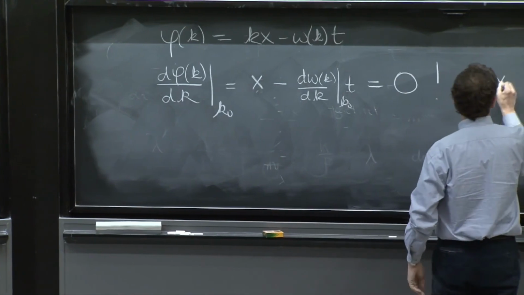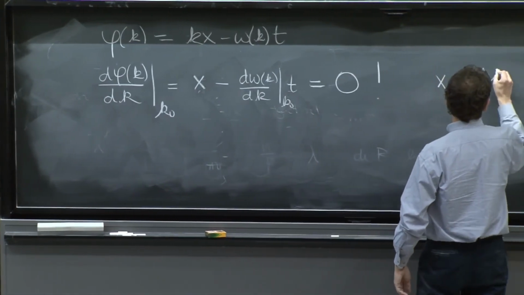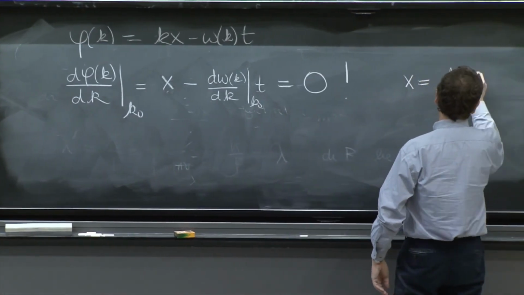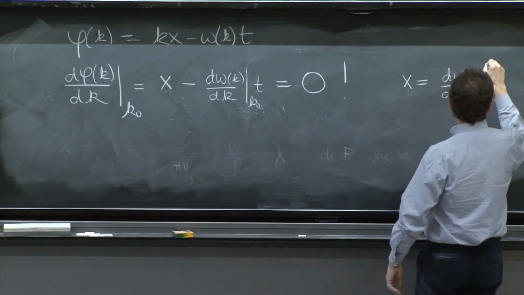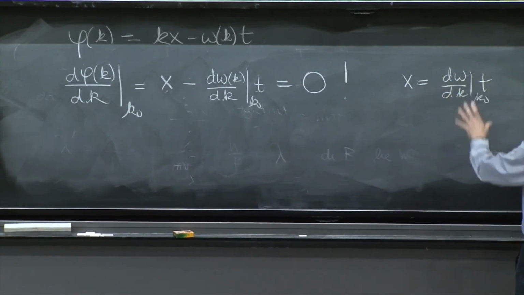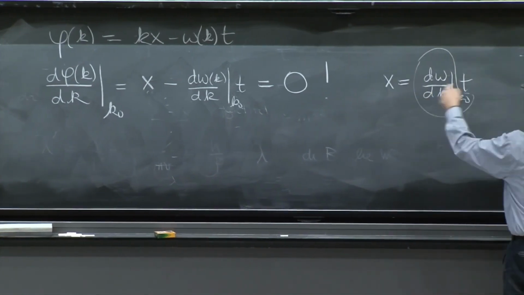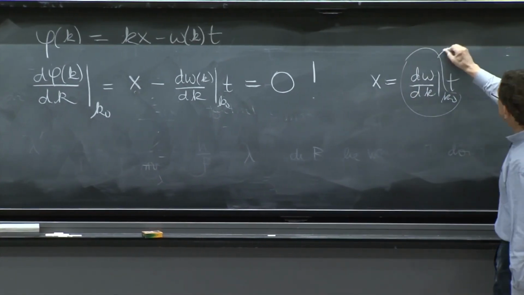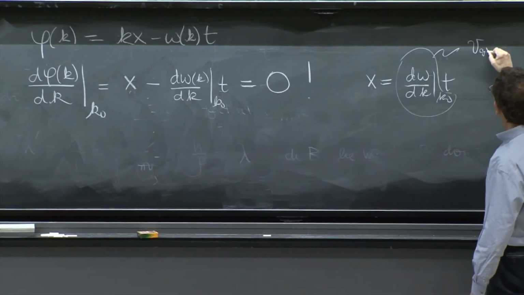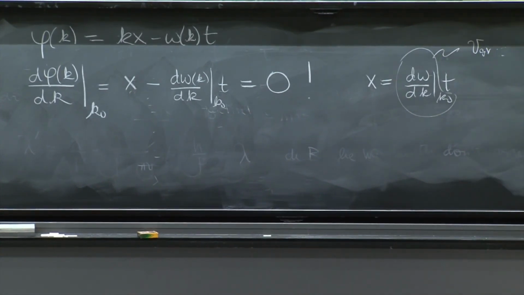So x is equal to d omega dk at k naught times t, and it identifies the packet as moving with this velocity, x equal velocity times time. So this is the group velocity. End of the answer by stationary phase. Very extremely simple.